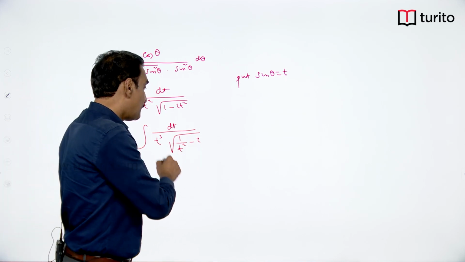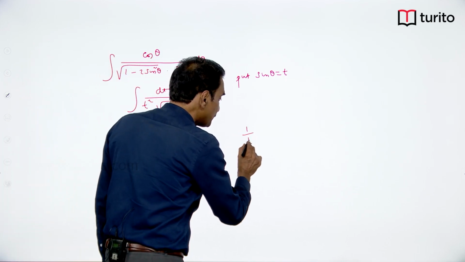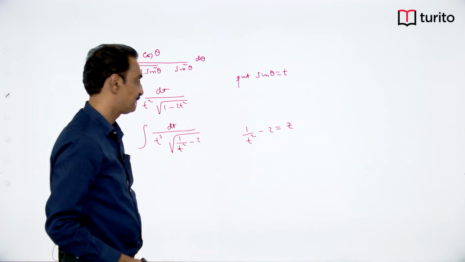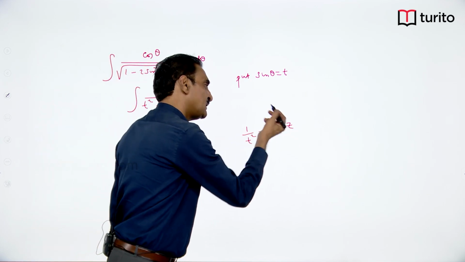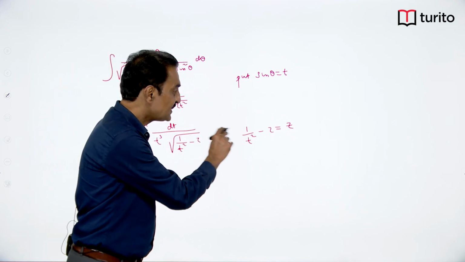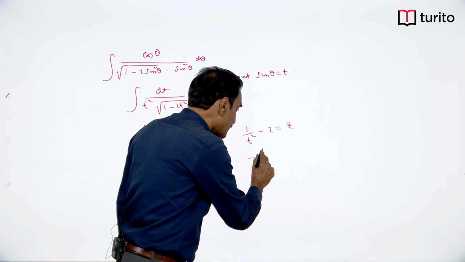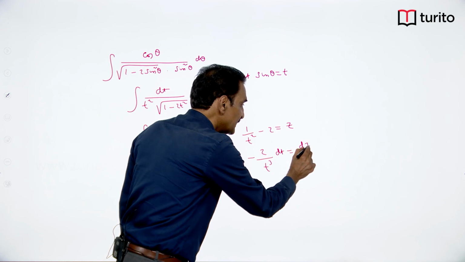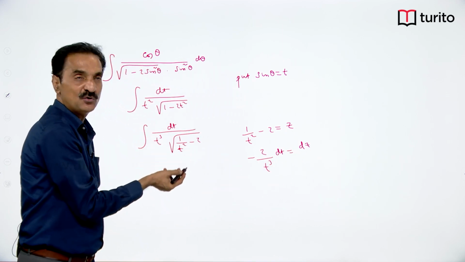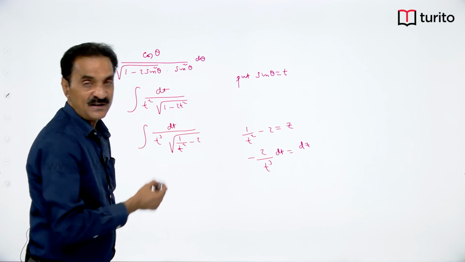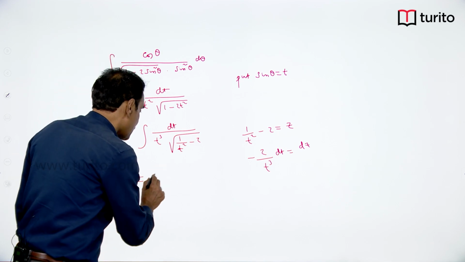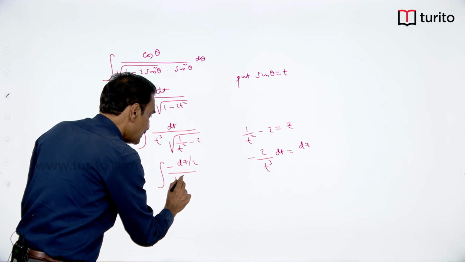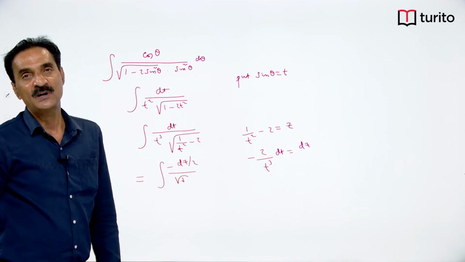Now, if you put 1 by t square minus 2 as some z, what is its derivative? Minus 2 by t cube dt is dz. So 1 by t cube dt will be minus dz by 2, minus dz by 2 by root z. Now, you can finish it.